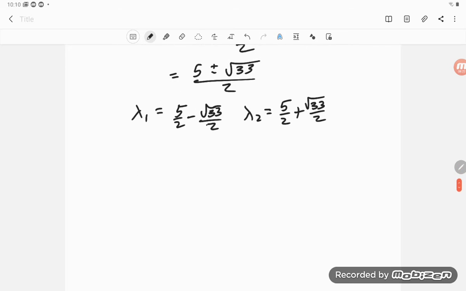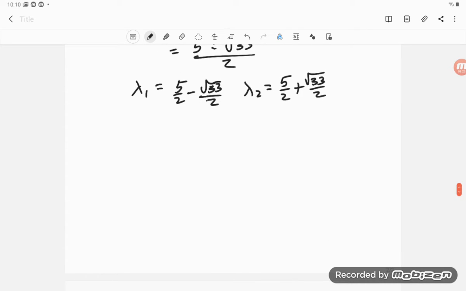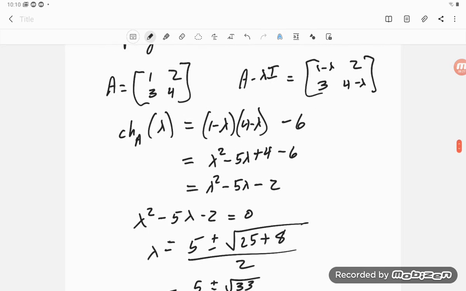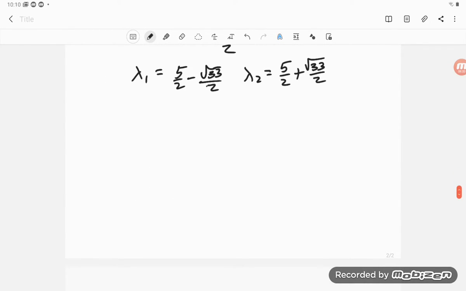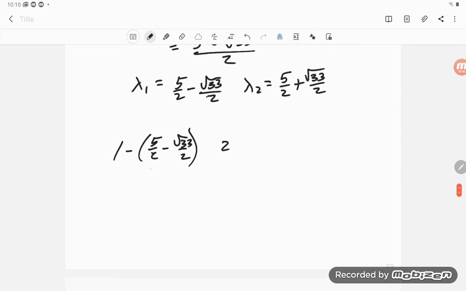So I have that, and I can solve for my eigenvectors. It's not very pretty here. So what do we have? 1, 2, 3, 4. So we have 1 minus 5/2 minus the square root of 33 over 2, and then 2, and then 3, and then 4 minus 5/2 minus the square root of 33 over 2.